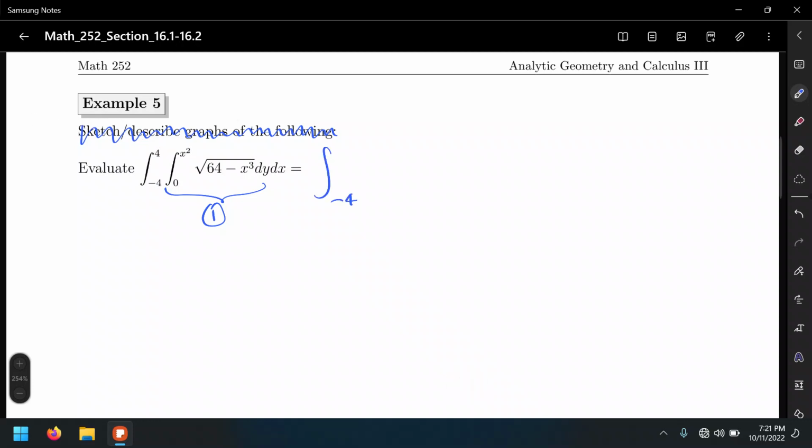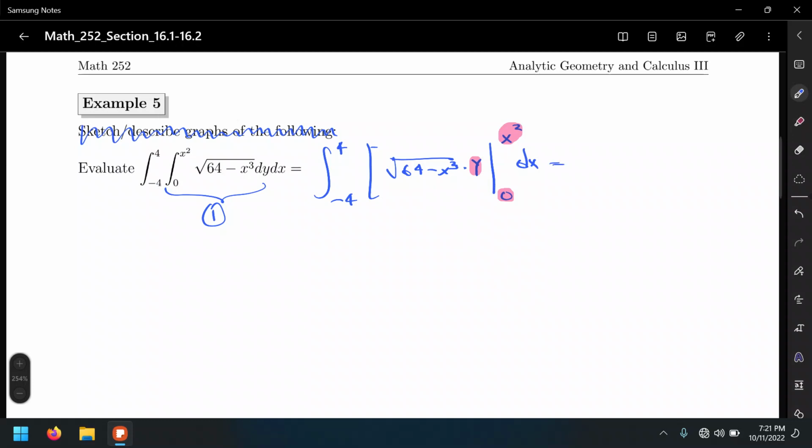So negative 4 to 4, that's square root of 64 minus x cubed times y. In this case we go from 0 to x squared, and then don't forget the dx. Notice that we're integrating with respect to y. That means these limits of integration just go with the y, leaving the x alone.